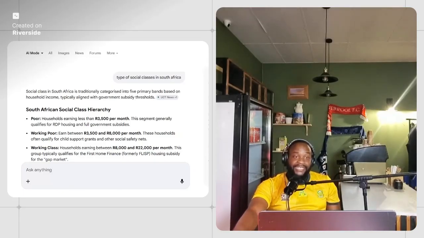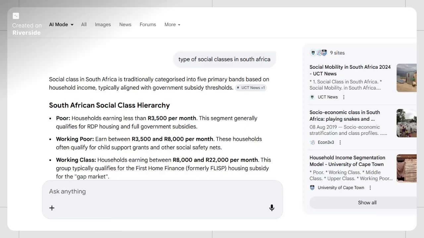Do you understand the meaning of working poor? You are working, but you are still poor. This is how it's been indicated here. Working poor, between 3.5 to 8,000 rand per month. These households often qualify for child support grants and other social safety nets.